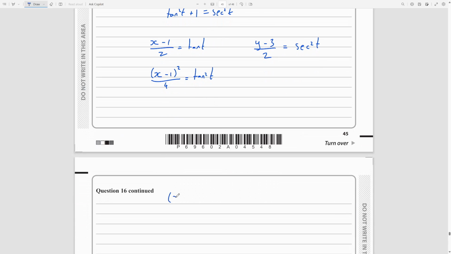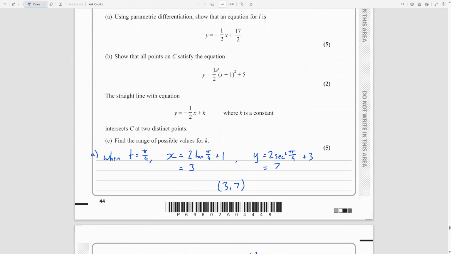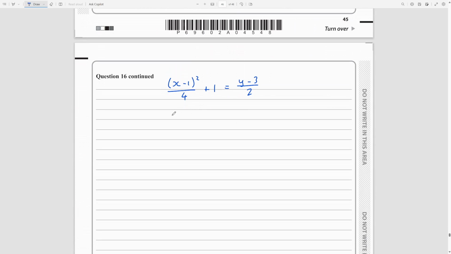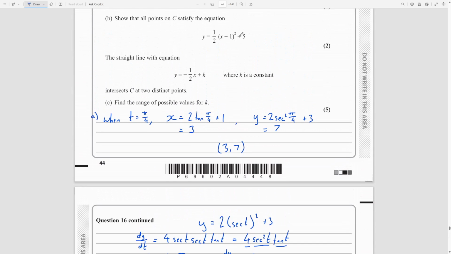Tan squared t is x minus 1 squared over 4 plus 1 equals sec squared t, which is y minus 3 over 2. Now, they wanted it in the form y equals. So I will just work on this until it says y equals. Double both sides, and I get x minus 1 squared over 2, which is half x minus 1 squared, plus 2 equals y minus 3. And finally, by adding 3 to both sides, I get half of x minus 1 squared plus 5. And that is what we wanted to show.